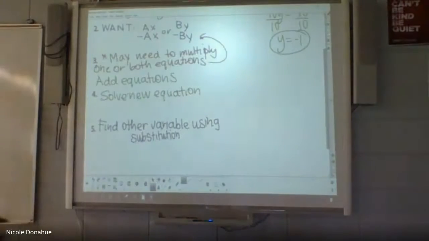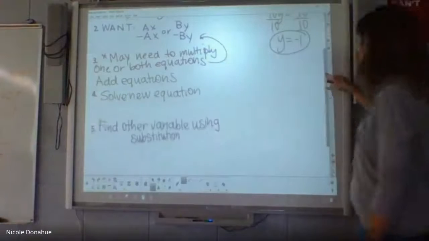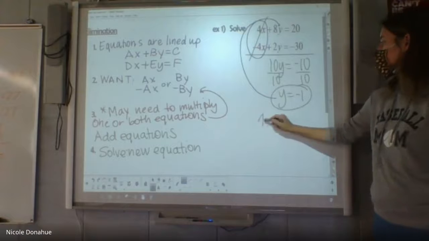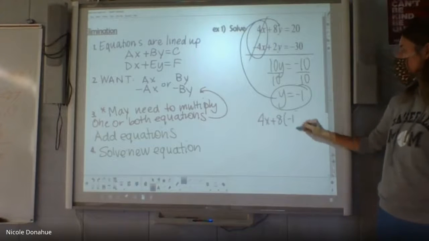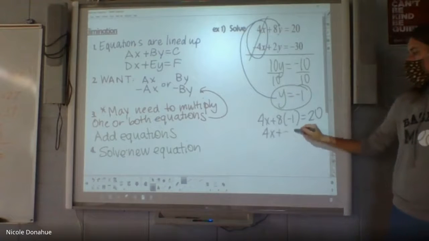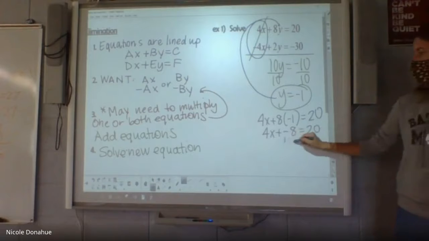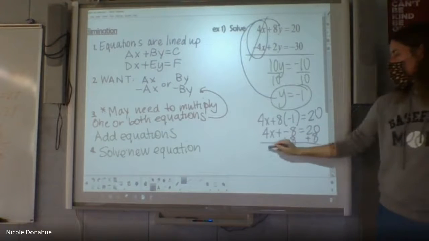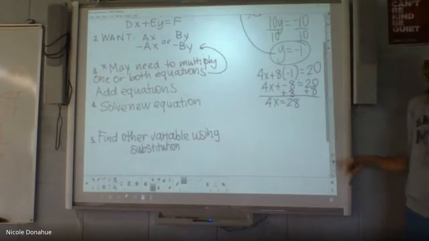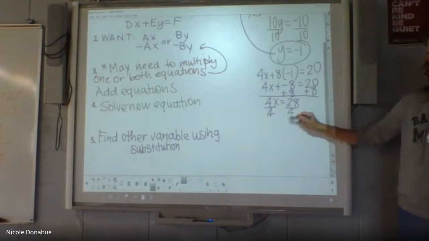We're going to put that negative 1 back in and figure out the x value. I'm going to put this back in up here. We're solving, and we find out that x has to be 7.